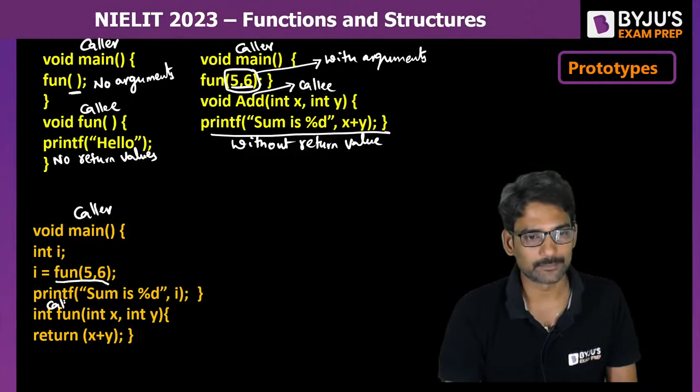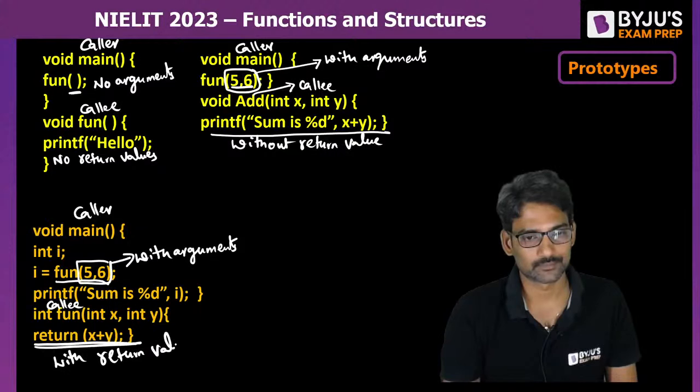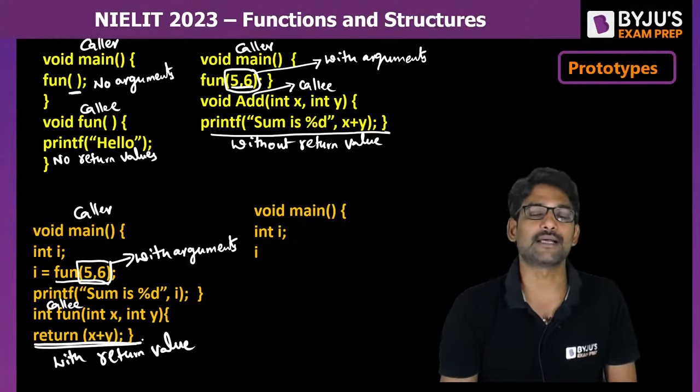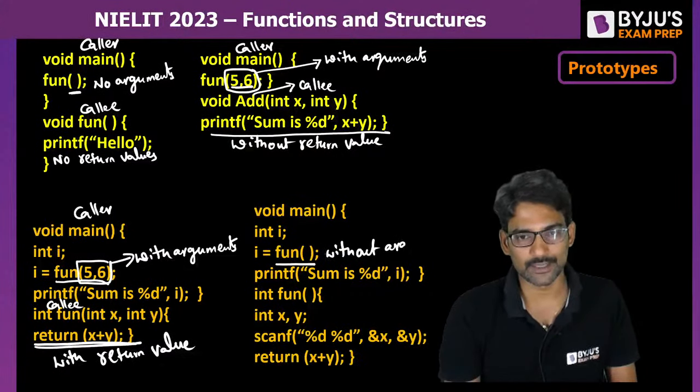And you see, callee returns some value to the caller. So this is with return value. And the last combination, what is that? Without argument, but with return value.